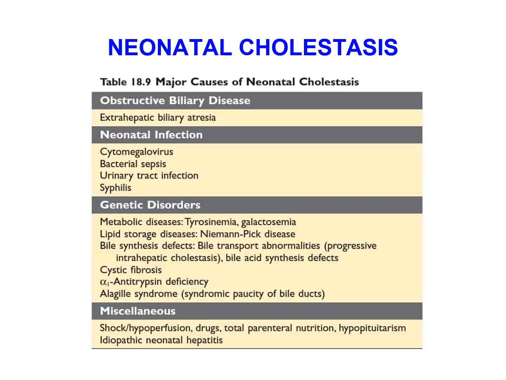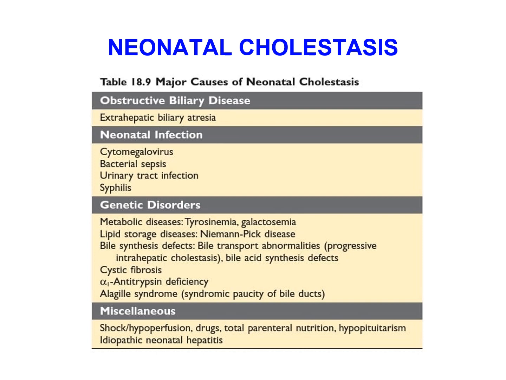The physiologic jaundice of the newborn usually resolves by 2 weeks, but infants who have jaundice beyond 14 to 21 days after birth must be evaluated for neonatal cholestasis. The major causes can be grouped under two broad categories.